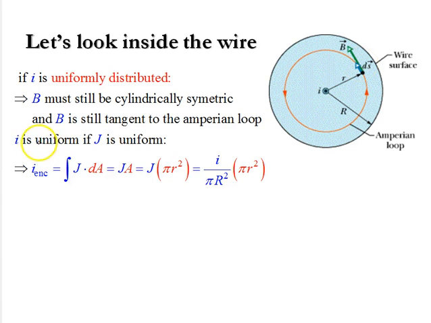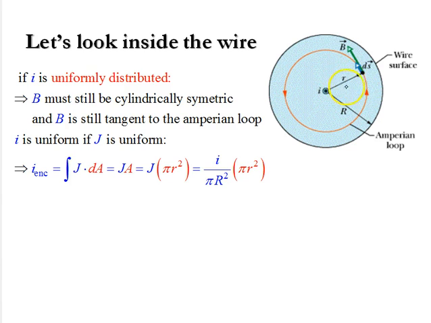Since our current is uniform, our current density is uniform, and we can find that encircled current through the definition of current density, I is equal to the integral of J dot dA. In this case, that's just equal to J times A. We can pull J out of the integral because it's uniform. The integral of dA is the area, and our area is what's encircled by our Amperian loop here.